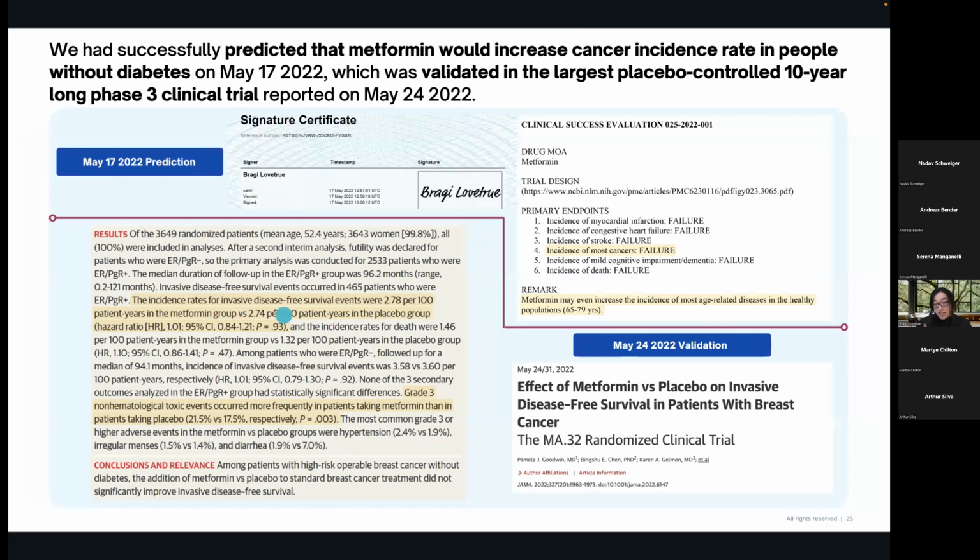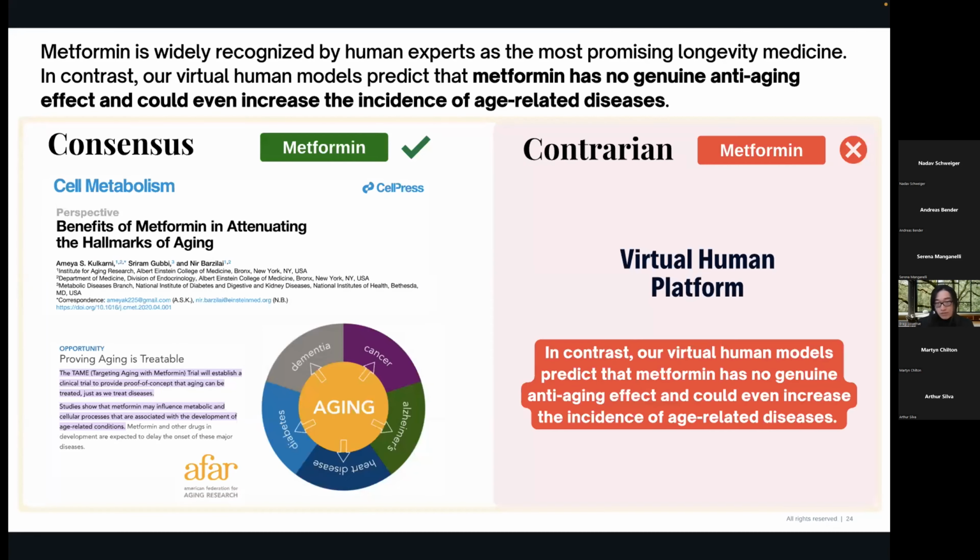And our prediction has also been validated by a later published phase 3 clinical trial outcome, evaluating whether metformin versus placebo could bring clinical benefits to patients without diabetes history. It shows that the metformin group has a slightly higher incidence of cancer progression and significantly higher grade 3 toxic events. So this validation is very challenging.